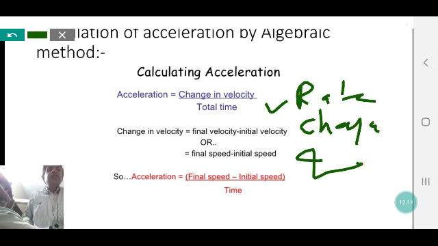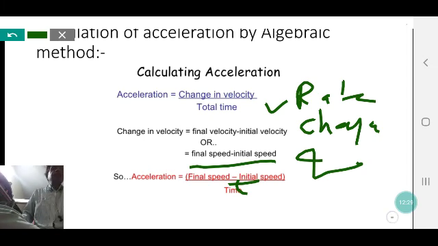The change in velocity is the final velocity minus the initial velocity. If you divide the change by time, we get the value of acceleration. This is the algebraic method we have studied.